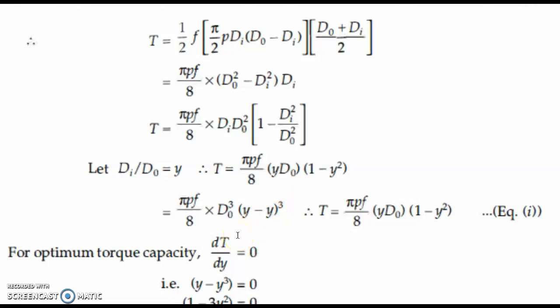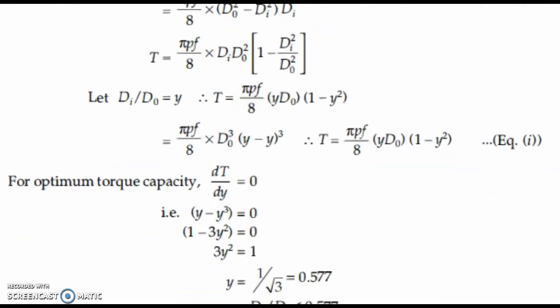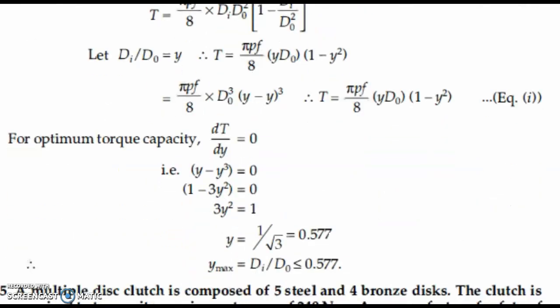Now for the optimum torque capacity or the maximum torque capacity, we can differentiate this value. If that value is 0, we will get the optimum solution, that is dT by dy is equal to 0. Here the variable is only y minus y cube.